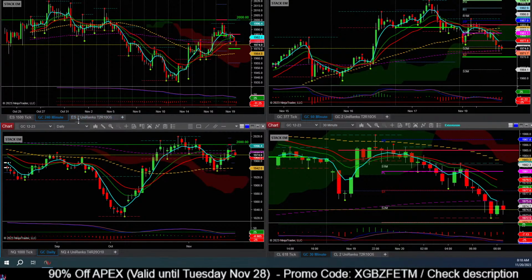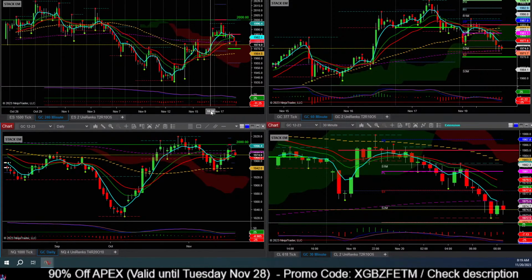Okay, so gold in the 240, it's moving towards resistance here, towards support here, and then we do have also support at the 50 EMA, right? This yellow line here within the cloud. So we are reversing in compression in the 240 minutes. In the 1 hour, we are also moving to the downside.